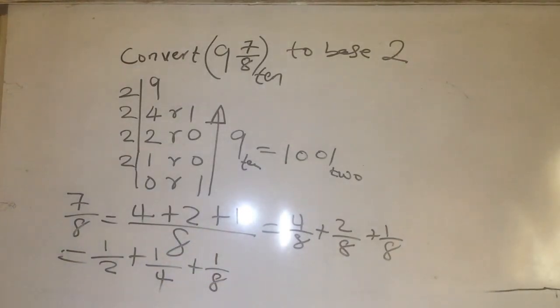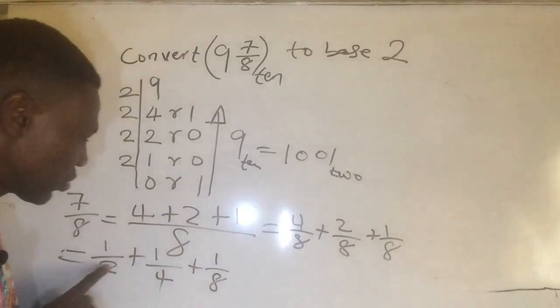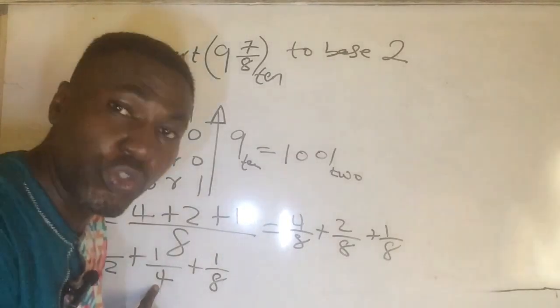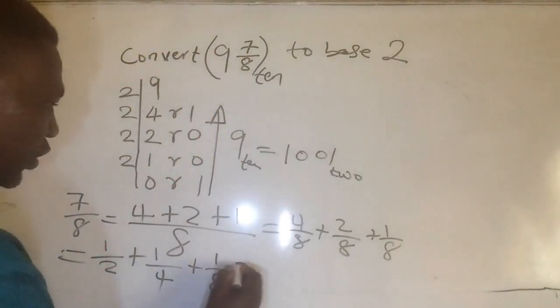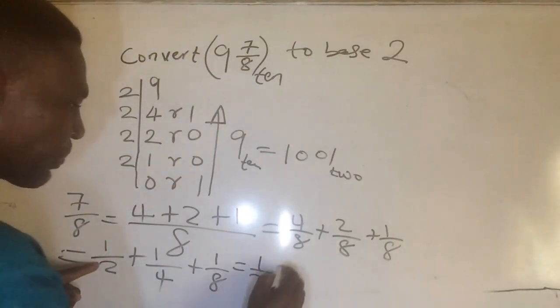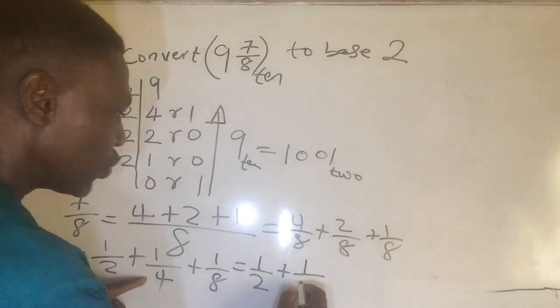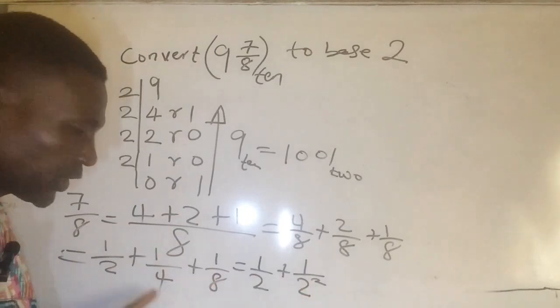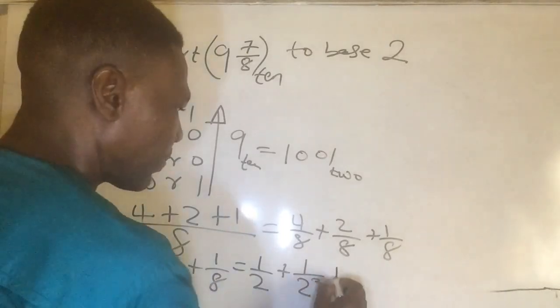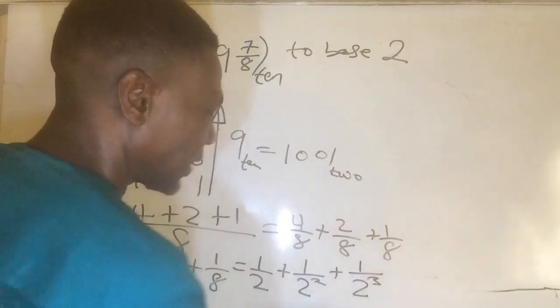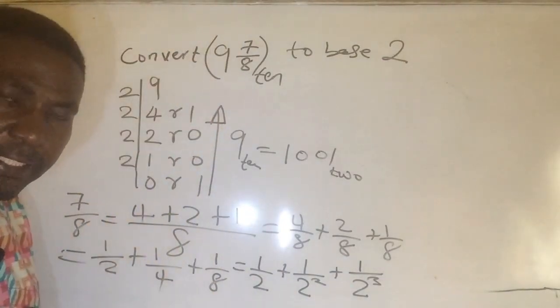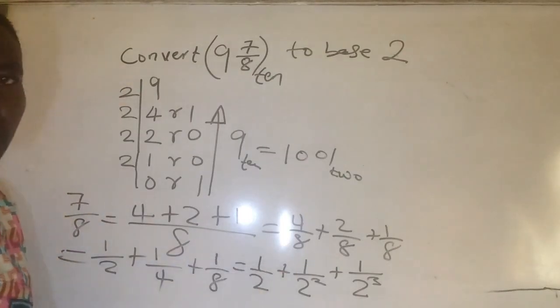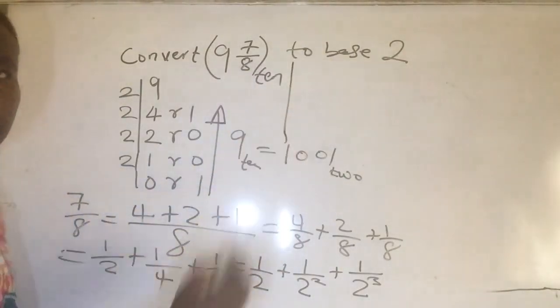So now we move on to this one. I've succeeded in making this one 2. I will now change this one to be 2 again, which is 1 over 2 for the first one, plus 1 over 2 raised to power 2. Do you see that? 2 raised to power 2 is still 4, plus 1 over 2 raised to power 3, which will still give us 8. So now let's continue up here.